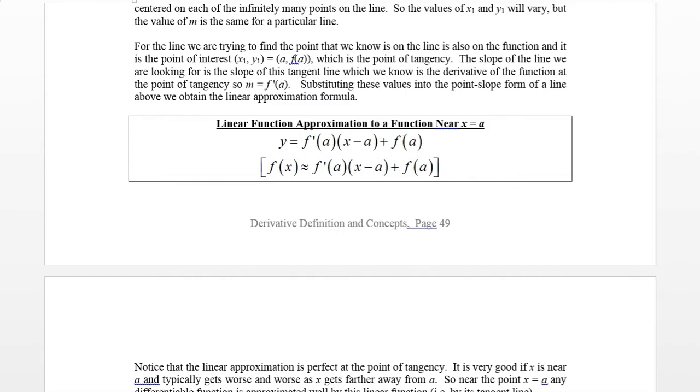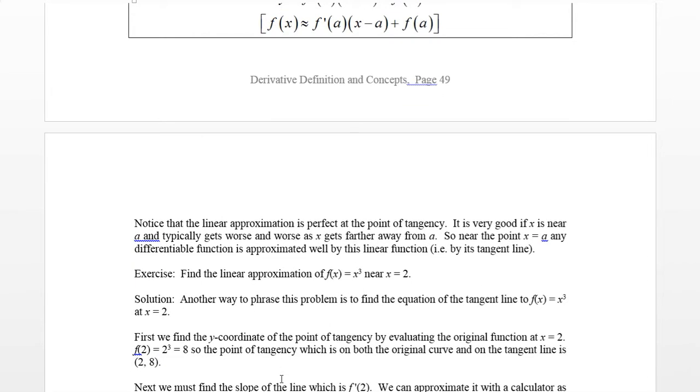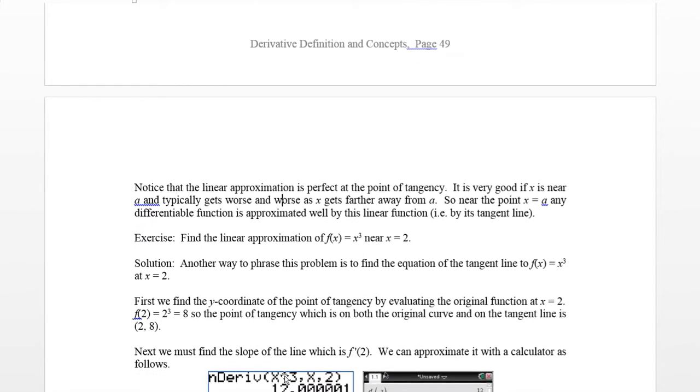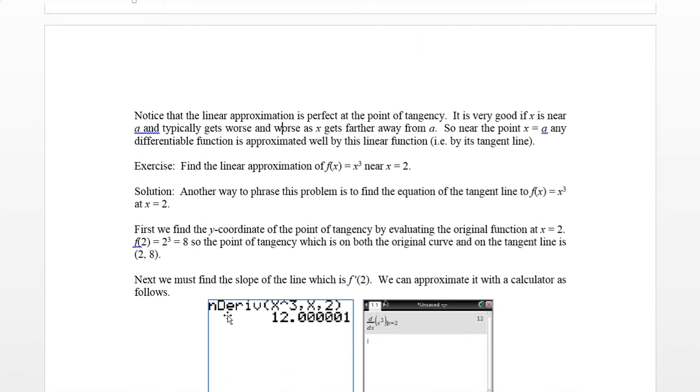Now we need to find f prime of a. Let's do this a couple of ways. First of all, let's do it approximately. One way we can do it approximately is to put it in our calculator. On the left, you'll see an older version of a TI-84, and you push Math 8 and get numerical derivative. You put in your formula, x to the third power, comma, your variable x.